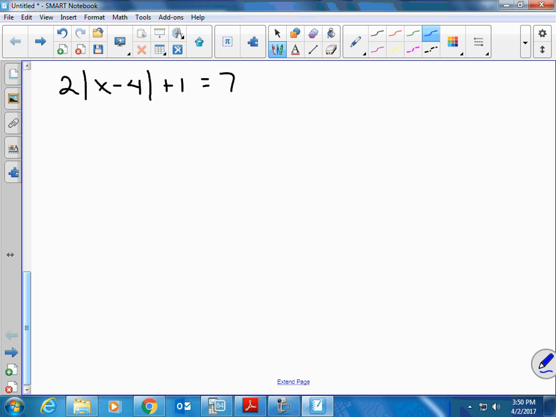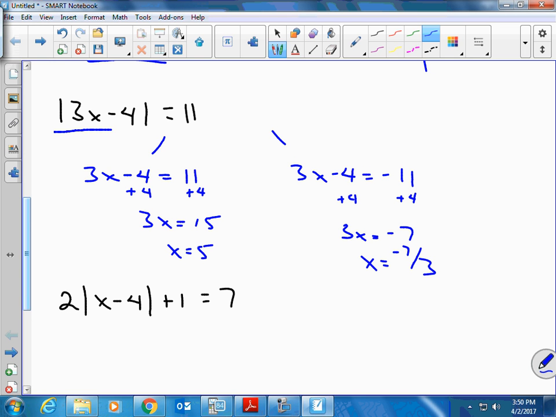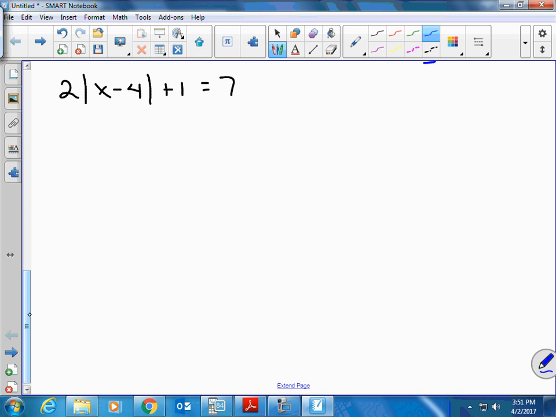My first step is to isolate the absolute value, meaning make it look like this here where it says absolute value equals a number. You have to get it down to that form, or a number equals absolute value. That's fine also. But you must solve or isolate the absolute value. Okay? So my first step, subtract 1.